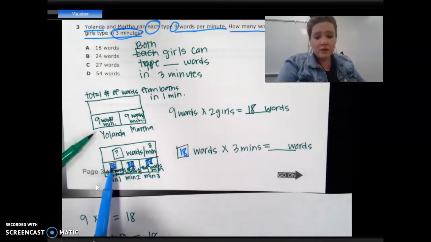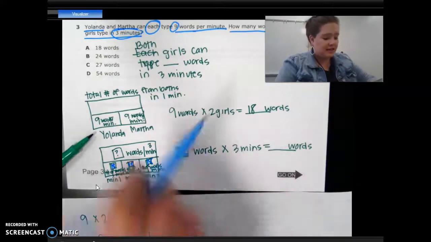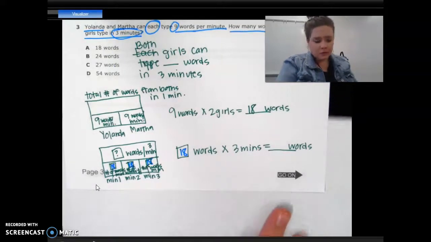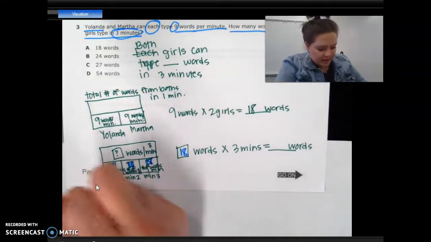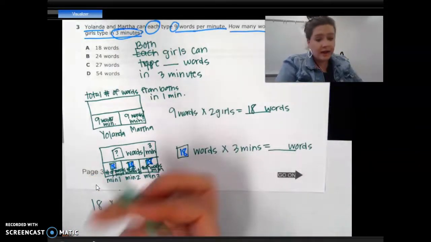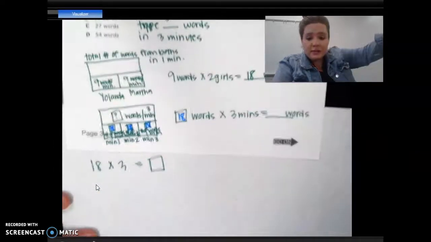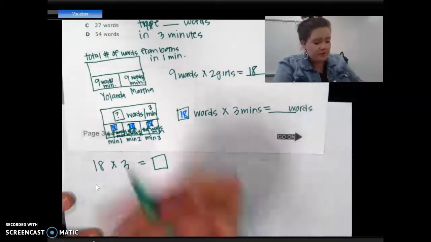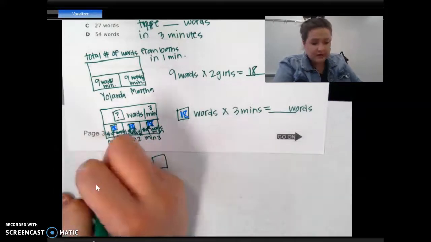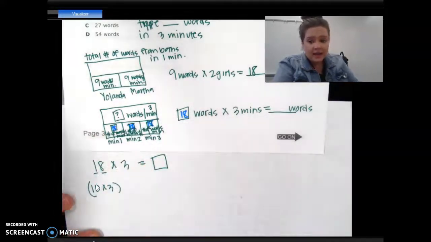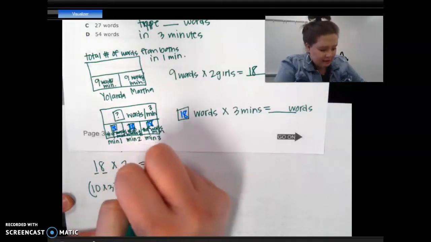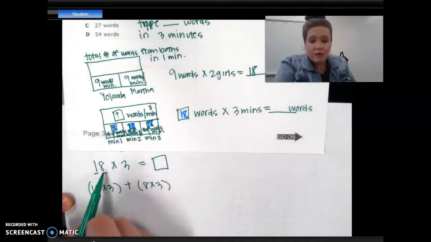So I'm going to do 18, 18, 18, which is 18 times 3. 18 times 3 equals, okay, I'm going to decompose this multiplication problem into 10 times 3, because I have 1 ten, plus 8 times 3, because I have 8 ones.